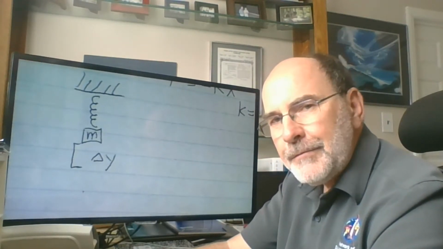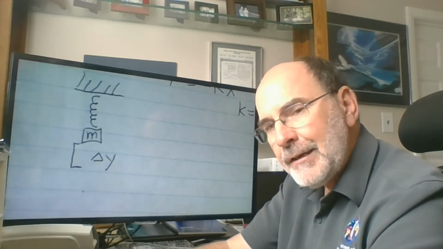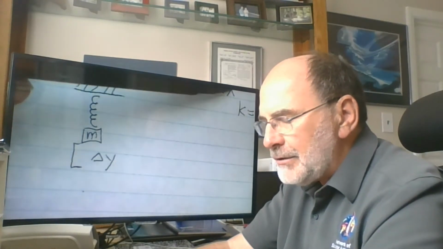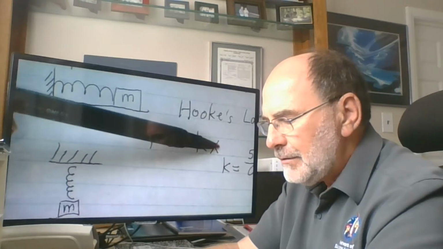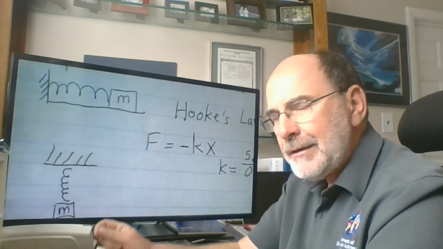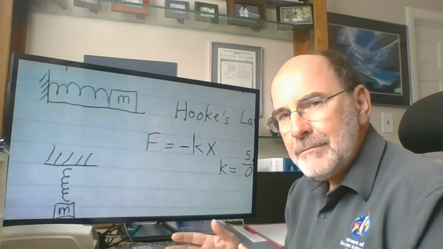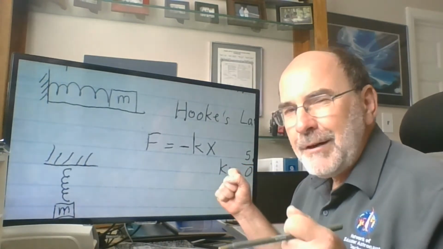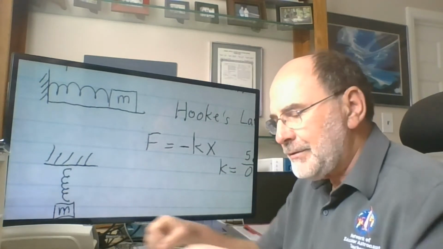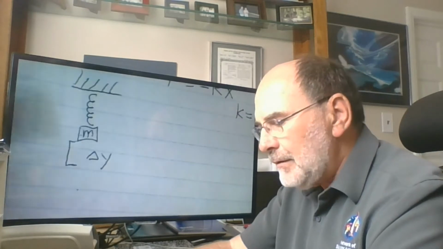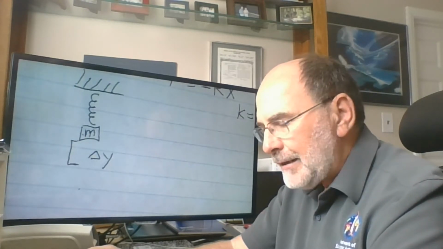If I were to do a free body diagram, what happens as the spring stretches is there's a stronger and stronger force trying to get it back to zero. If I double the distance I stretch the spring, it is going to pull twice as hard to try to get back to zero. So when I hang something, two forces go to work on it.